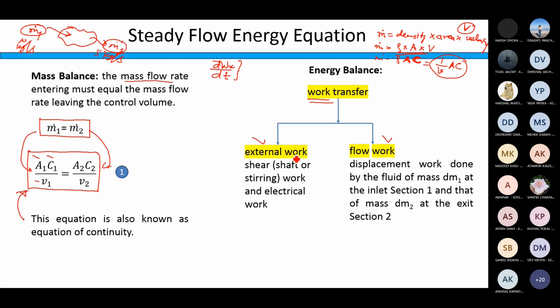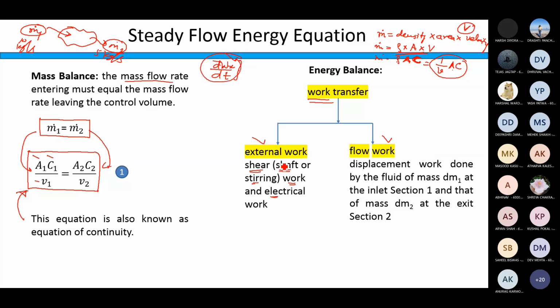Now, what is included in external work is the shearing work. So example is also given. So in case of shearing work, you can have the work like the shaft work or the stirring or the electrical work. So any other kind of work can be included in the external work, right? So all those work terms, I will call them as an external work, and those are included in this.